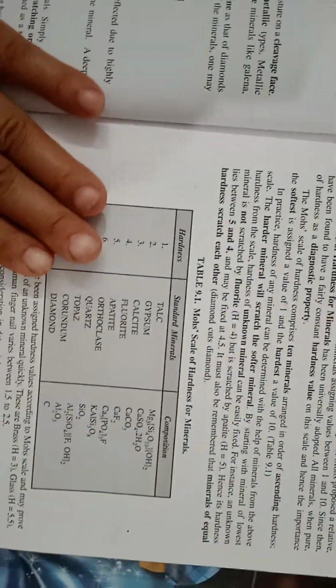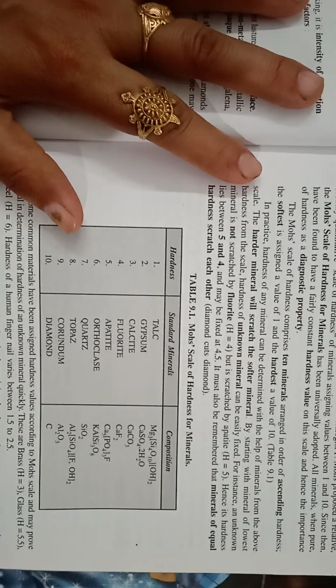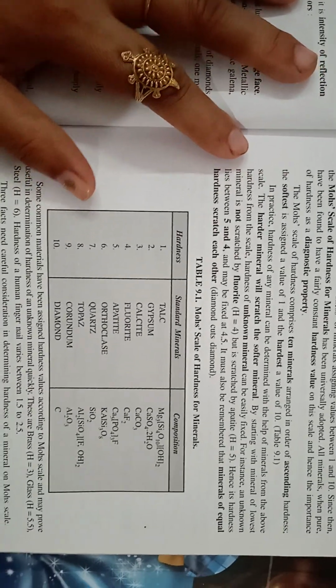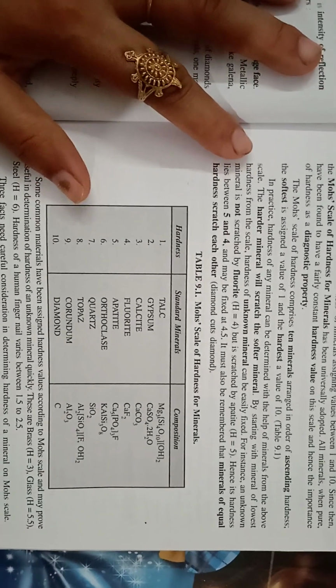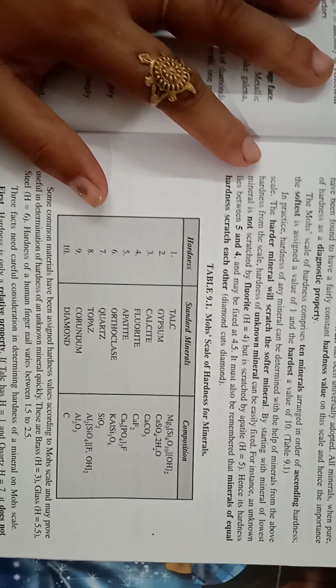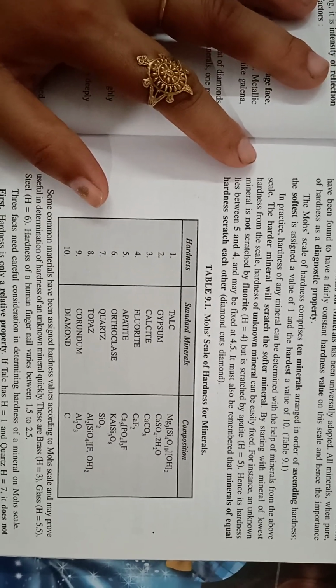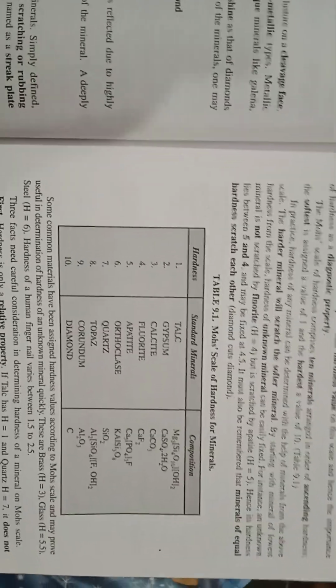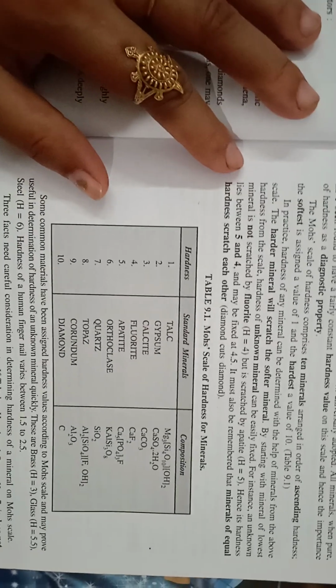The table is given here. In practice, the hardness of any mineral can be determined with the help of minerals from the above scale. The harder minerals scratch the softer minerals, starting with minerals of lowest hardness from the scale. Hardness of unknown minerals can be easily fixed.